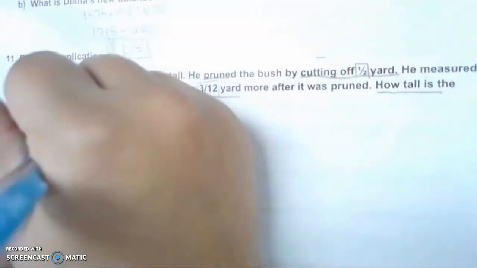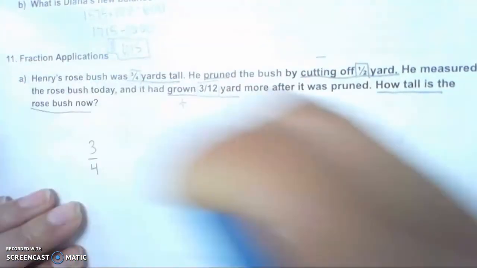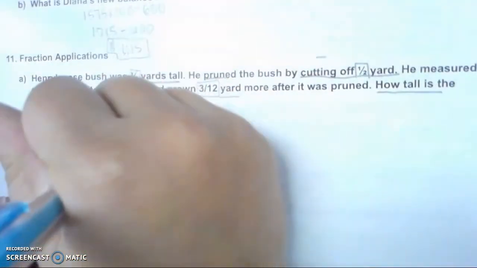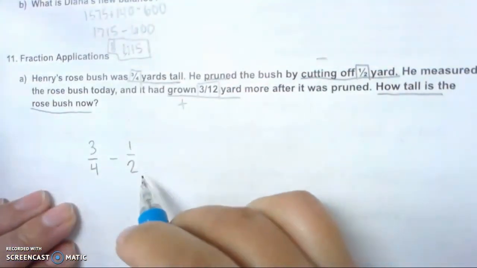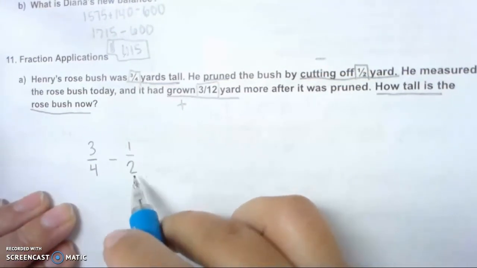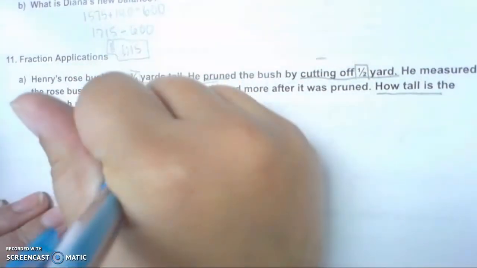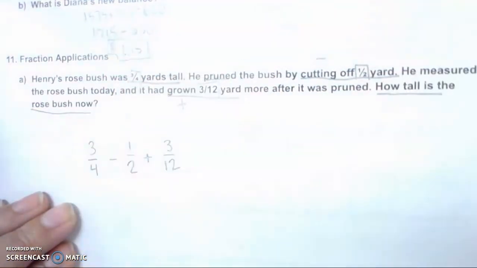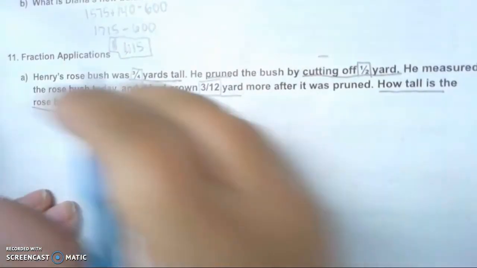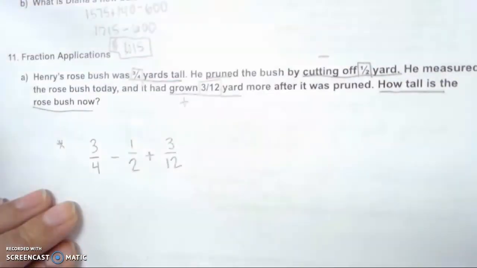So we start at 3/4. Then he cuts off 1/2. So I take away 1/2. Then it grows, so we add 3/12 yard. So this is our expression we are working with.